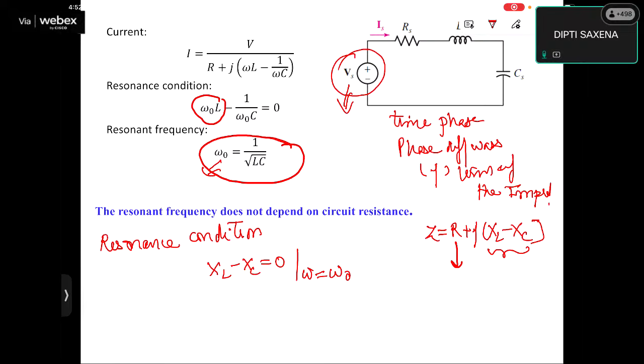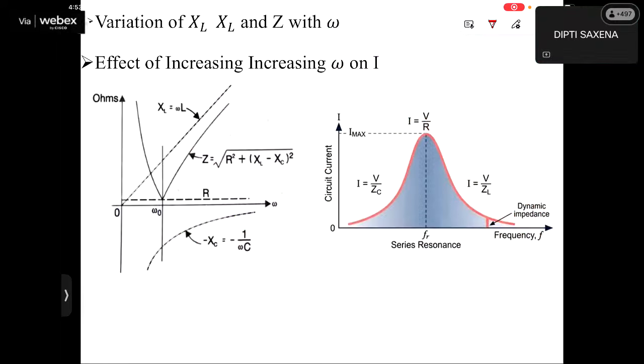It only depends upon the energy storing elements of the circuit, and that's what we have said, that there must be at least two energy storing elements in the circuit which are capable of exchanging the energy. Now look, what is the effect of increasing omega on the current?